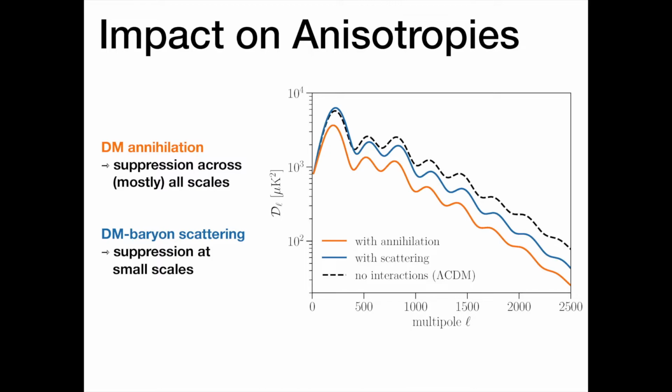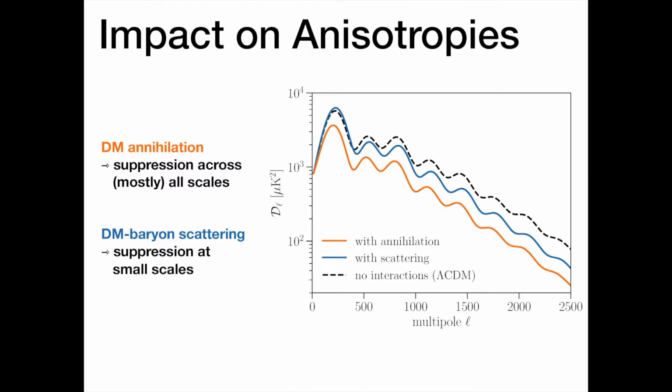Okay. So now we can do the exact same game. We can say how much scattering can you have before you've stressed the data enough such that you've created an inconsistency. The difference between annihilation and scattering here is that with annihilation, the power is suppressed on a lot of different scales, on all scales.